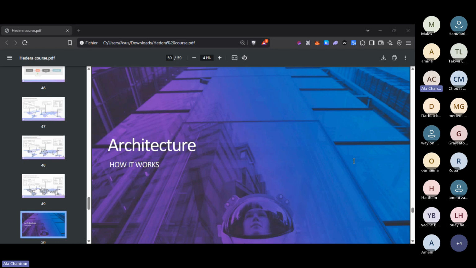Also, I can create an application for my enterprise, or any type of application that I want. I can also build a gaming application on top of HBAR, or a chat application on Hedera.